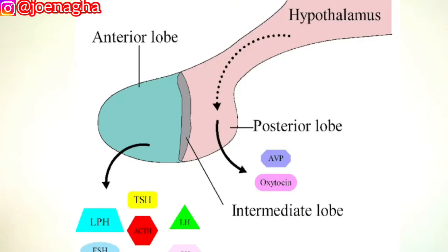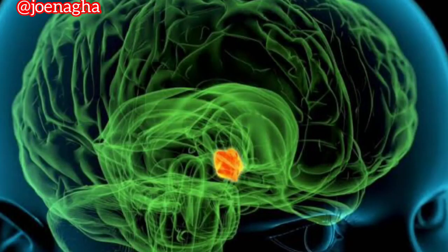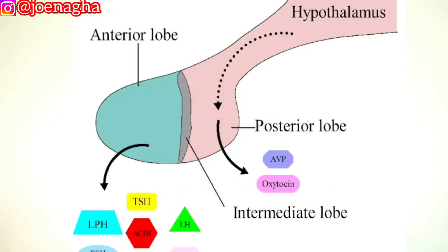The growth hormone releasing hormone stimulates the release of growth hormone from the anterior pituitary gland, whereas the growth hormone releasing polypeptide stimulates the release of growth hormone releasing hormone from the hypothalamus and the release of growth hormone from the anterior pituitary gland.